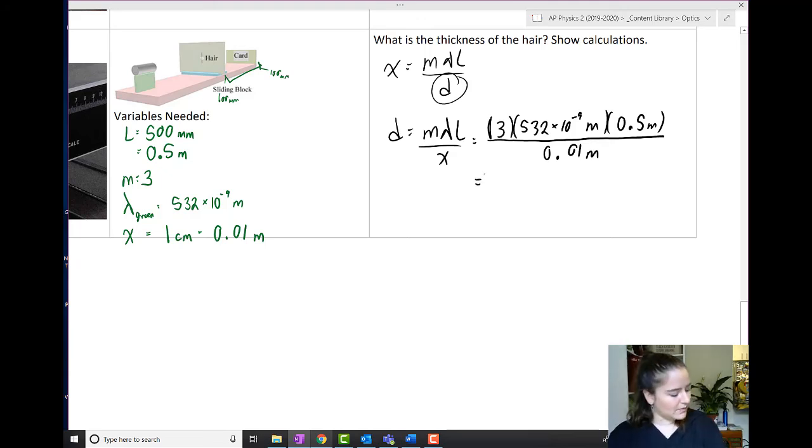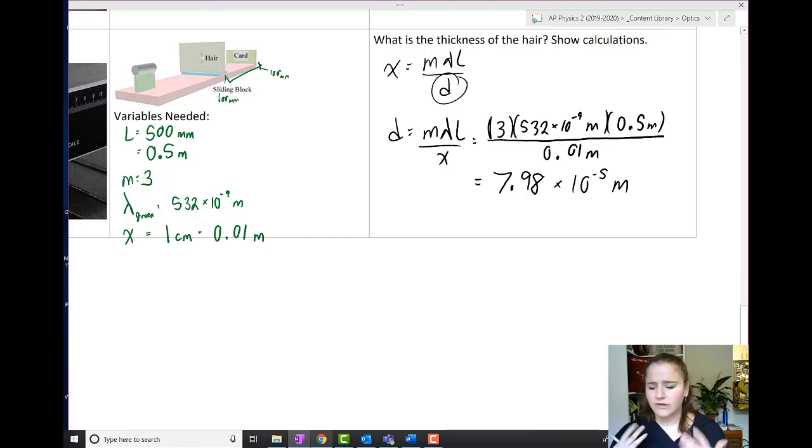Okay, and we plug that into our calculator. 3 times 532 times 10 to the negative 9 times 0.5 divided by 0.01, and we get 7.98 times 10 to the negative 5 meters.